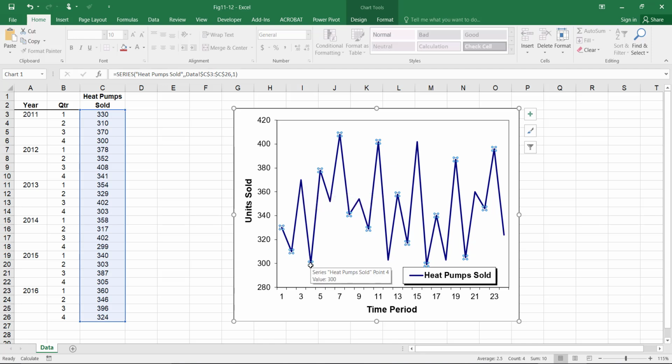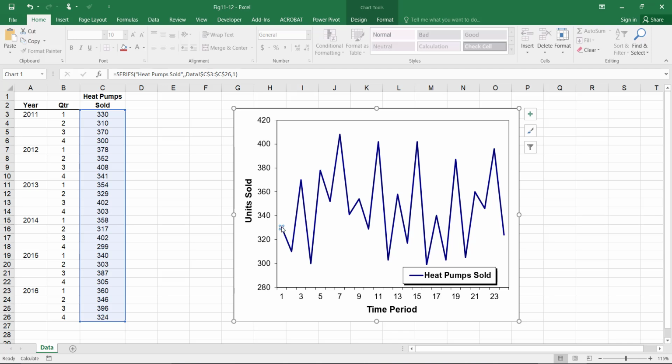And this pattern is repeating itself. There is an increase at time period 3, and then a decrease. So you can see there is a repeating pattern, and the difference between each occurrence of the repeating pattern is 4.